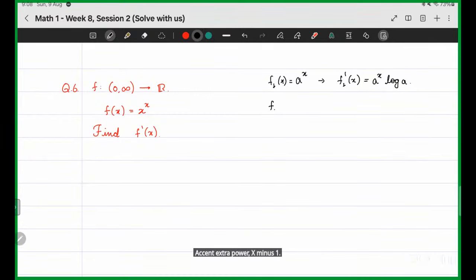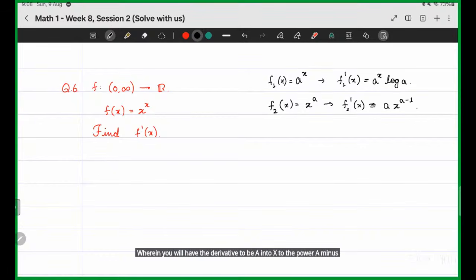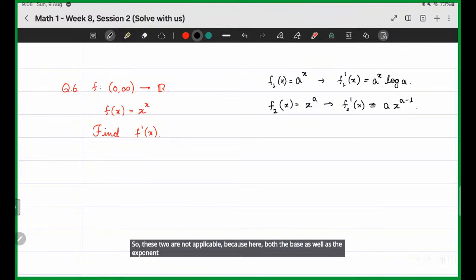No, a is a constant over here. It is a to the x. So what you're talking about is x to the a kind of a thing, wherein you will have the derivative to be a into x to the power a minus 1. So these two are not applicable because here both the base as well as the exponent are equal to x.